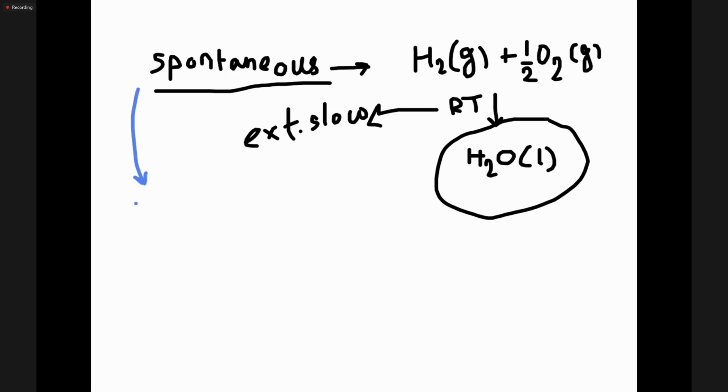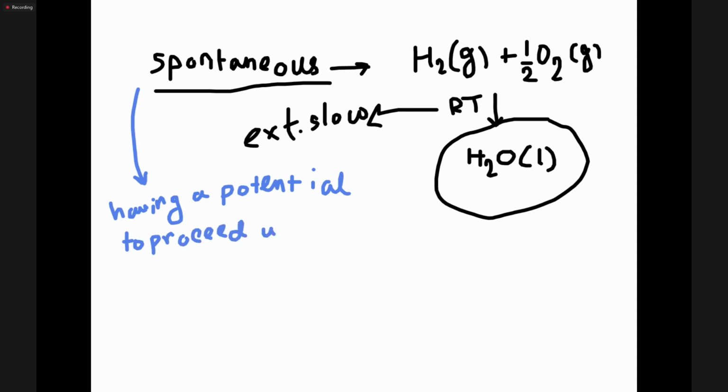A spontaneous reaction has a potential to proceed without any external help or assistance.